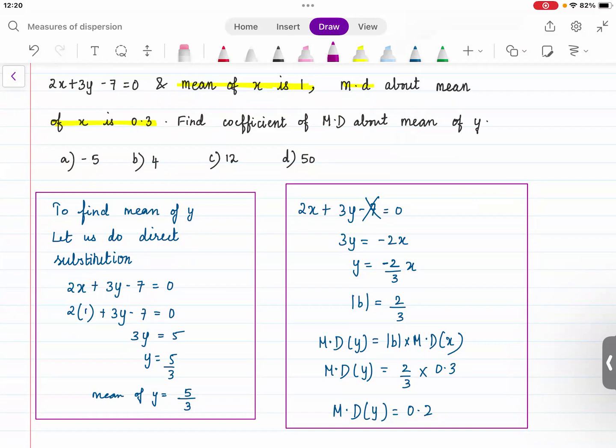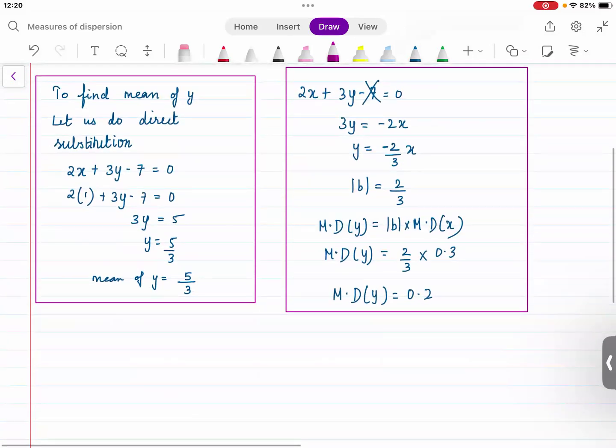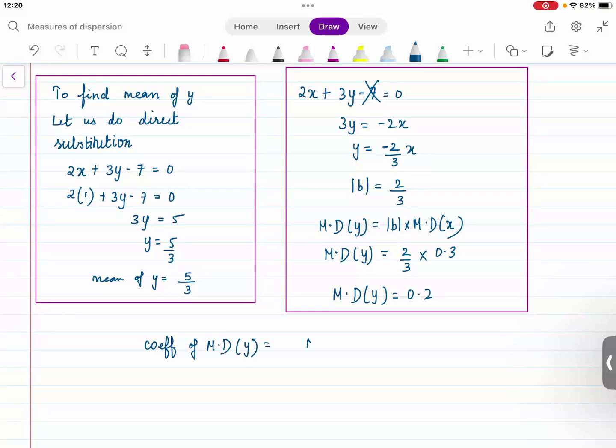Now they are asking us to find coefficient of mean deviation about mean of y. So how to find coefficient of mean deviation? What's the formula? Coefficient of mean deviation of y is equal to mean deviation of y by mean of y into 100. So recall the formula for coefficient of mean deviation.